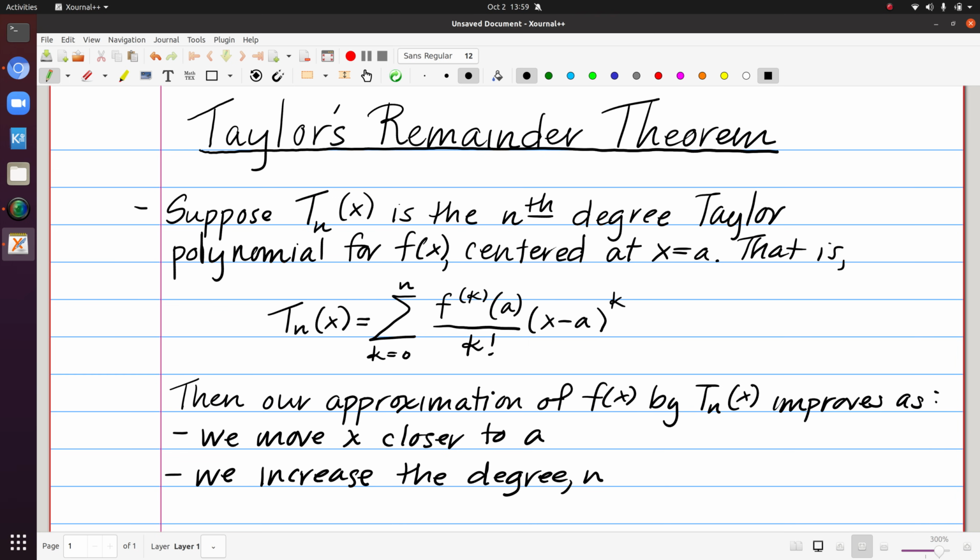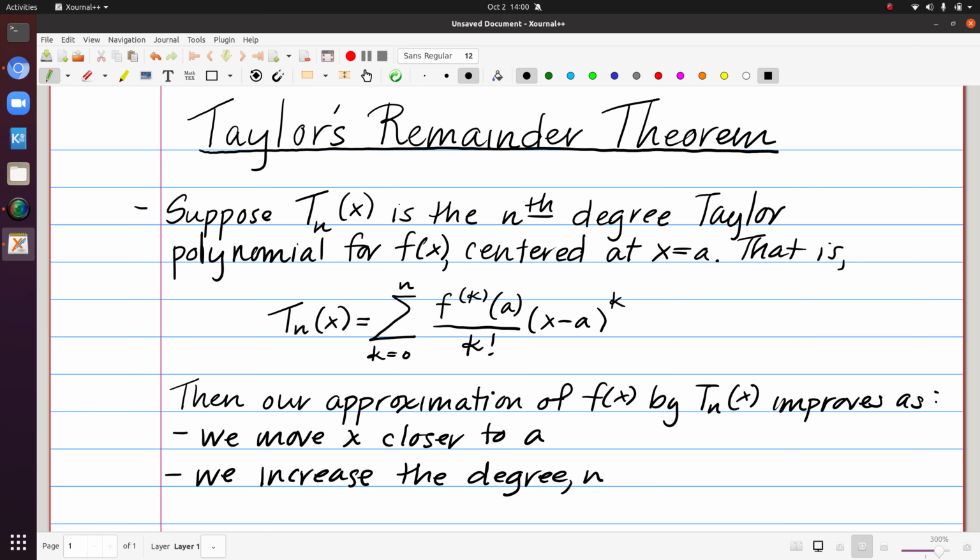One of the things we said about Taylor polynomials before is that when I approximate f of x by the nth degree Taylor polynomial of f of x, that approximation will improve if one of two things happens: if we plug in x values that are closer to the center, or if we increase the degree of the polynomial n. And that second point was what motivated us to increase n to infinity to get a Taylor series.